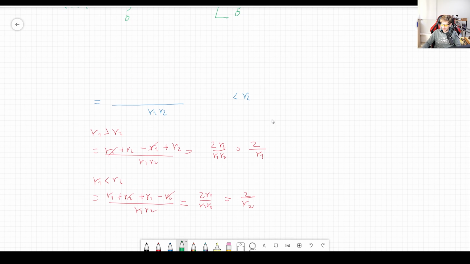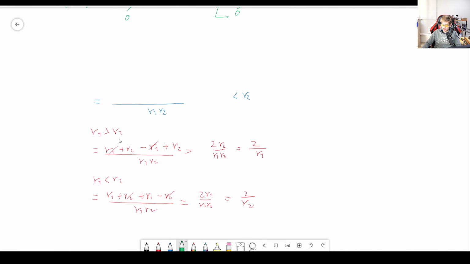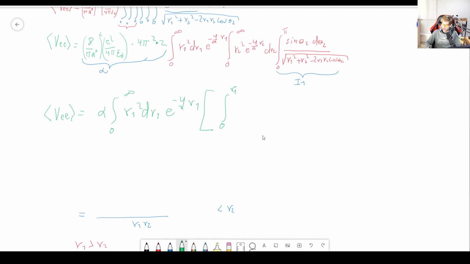And what do we do in that case? When r2 is smaller than r1, right? So we have to take 2 over r1. So we have what we had here before. So r2 squared e to the minus 4a times r2, dr2, and then times 2, which I can write here, divided by r1. Okay, so that's that part.